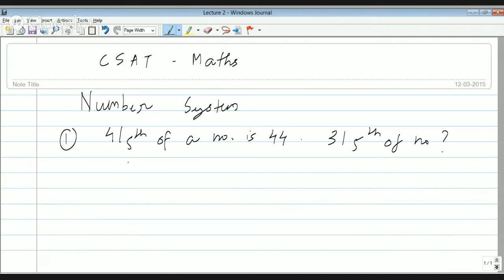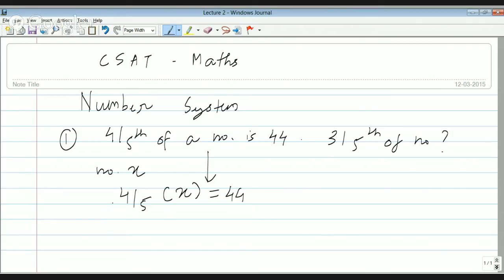How do we create the equation? Let the number be x. Now we have 4/5th of that number x is equal to 44. We can write 4/5 of x is equal to 44.